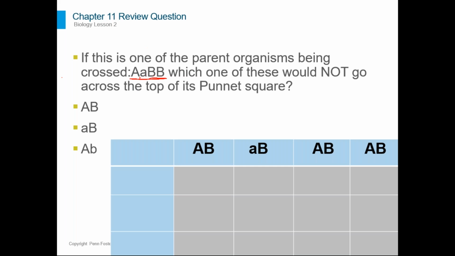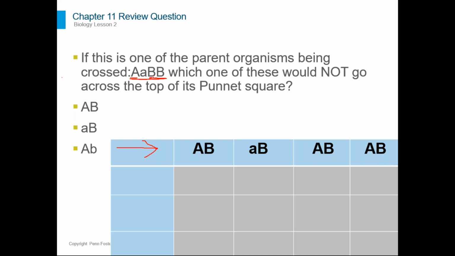So when we have 2 traits like this, we have an A and a B trait. The row on the top, for one parent, has to have every combination of A's and B's that you can have. So if you take the capital A and the capital B, that goes here.